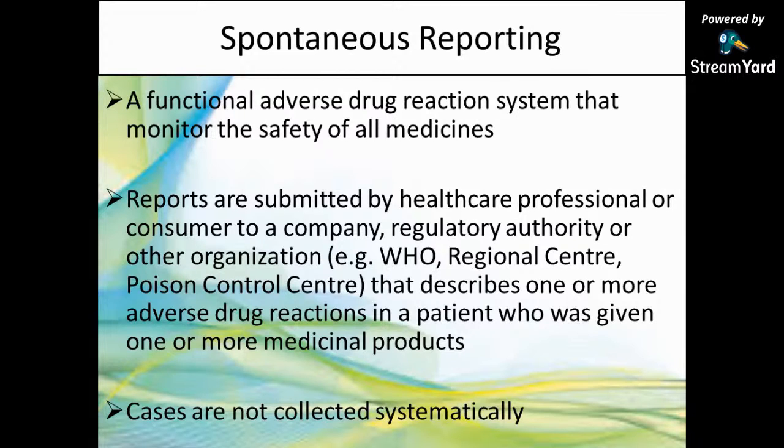So the reporter is either a healthcare professional or a consumer who is reporting to the company or regulatory authority or any other organization, for example the WHO, and the report describes one or more adverse drug reactions occurring in the patient after taking one or more medicinal products. Here spontaneous reporting is a type of unsolicited reporting.